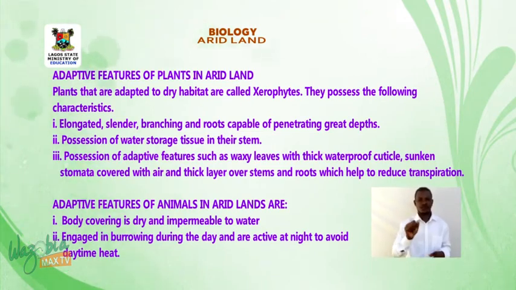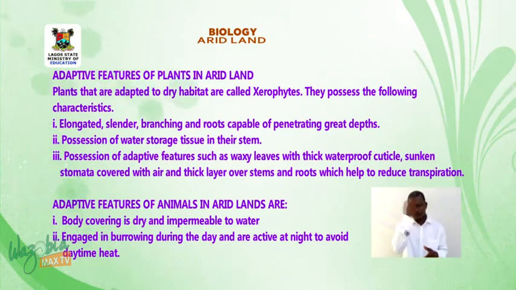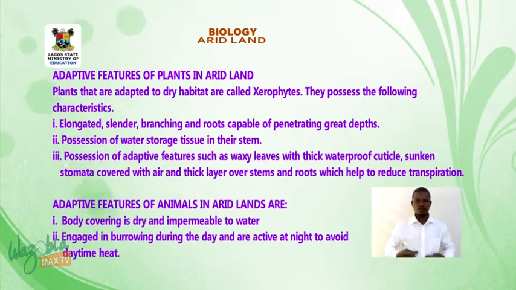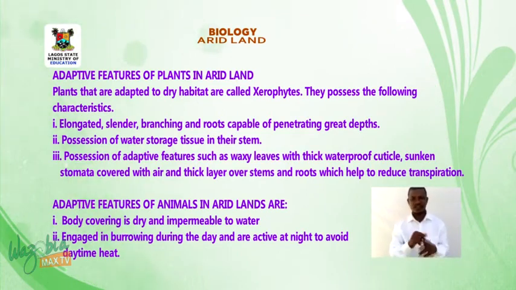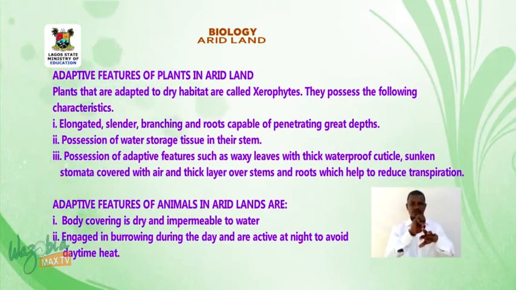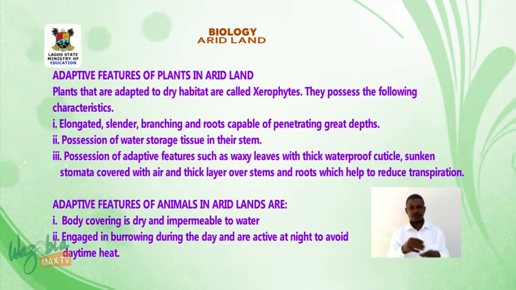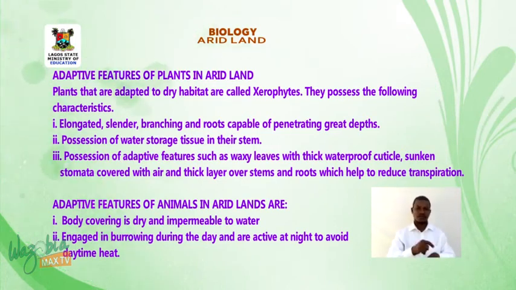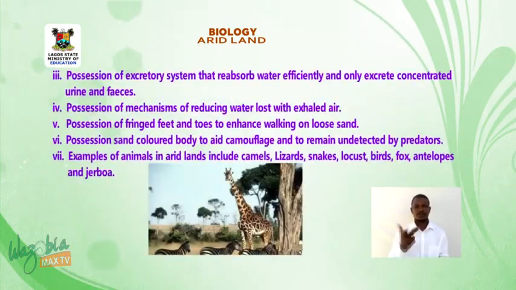Adaptive features of animals in arid lands are: 1. Body covering is dry and impermeable to water. 2. Engaged in burrowing during the day and are active at night to avoid daytime heat. 3.